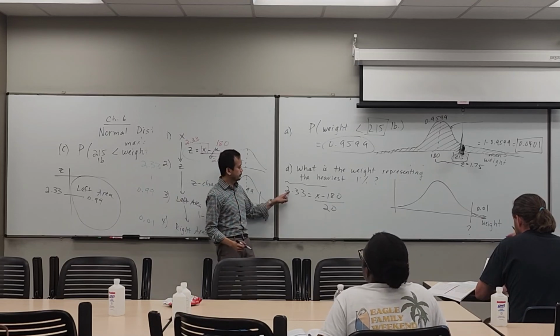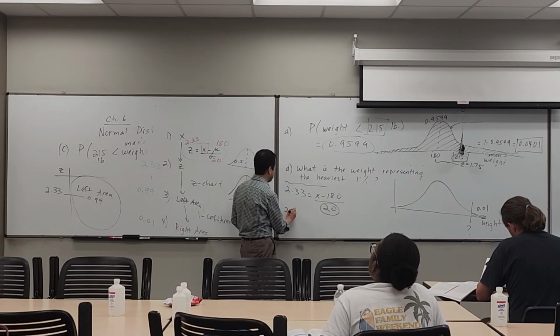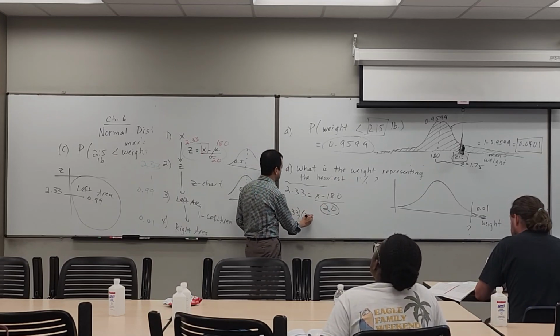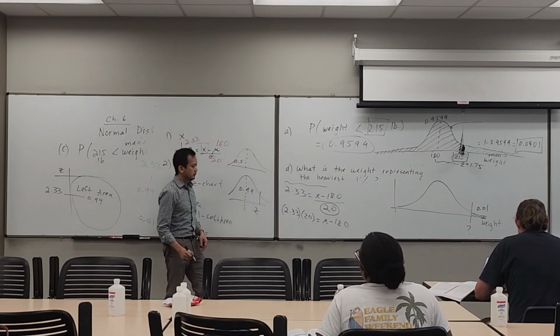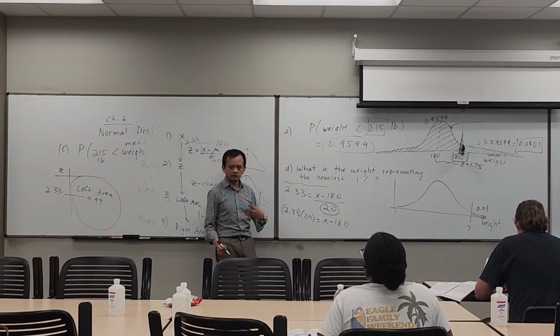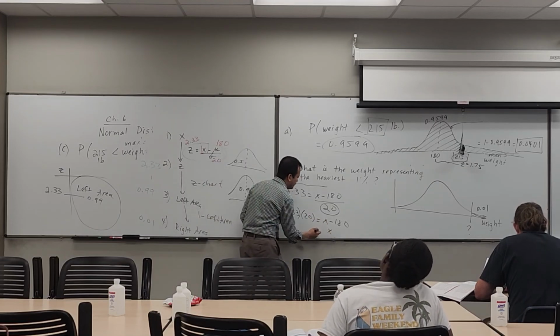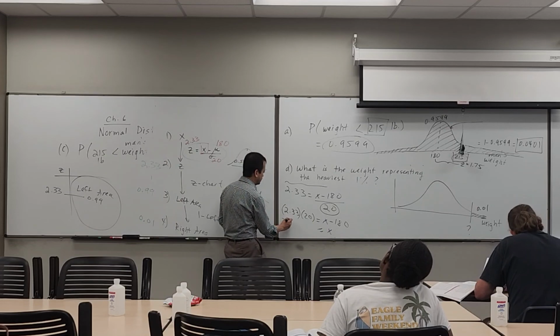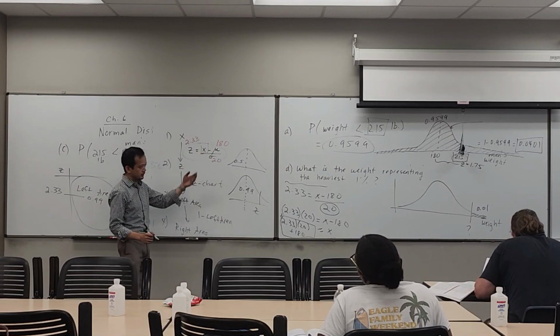Multiply both sides by 20 to get rid of the denominator on the right. The only thing stopping x from being itself is that it's being subtracted from 180, so to undo that, you add 180 to both sides of the equation. Then we get 2.33 times 20 plus 180. If you evaluate that, that'll be the value for x that represents the heaviest 1%.